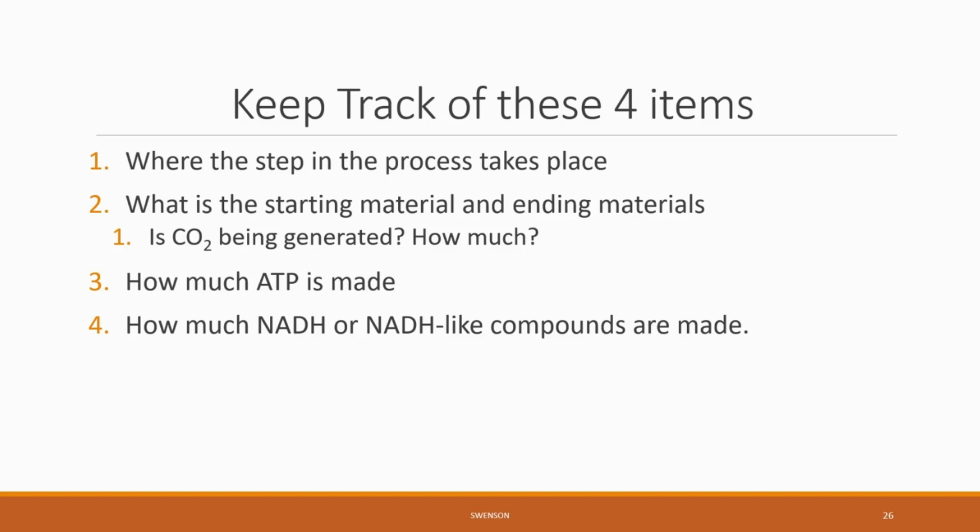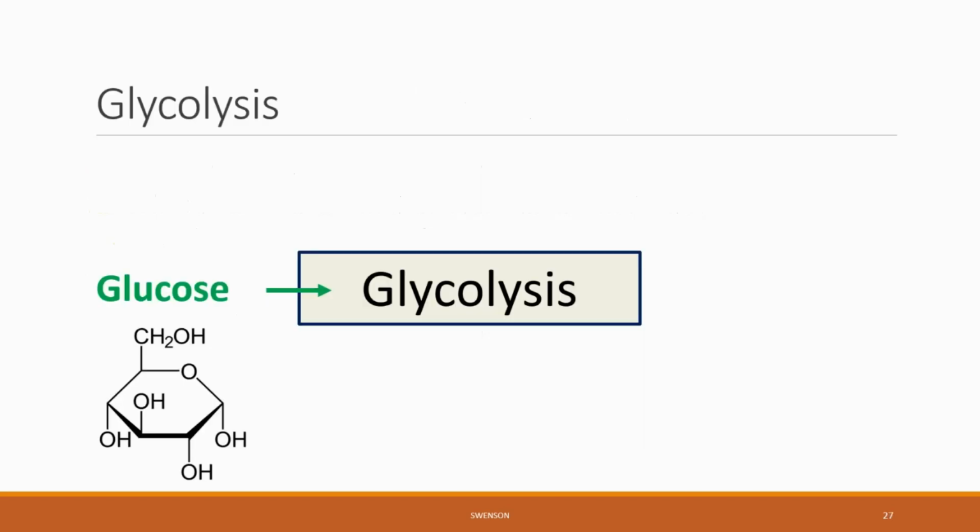The third thing to keep track of is how much ATP is made in this step. And lastly, number 4, how much NADH or NADH-like compounds are made. We'll get into that in a little more detail when it comes up. So we have our list. Now let's apply it here.